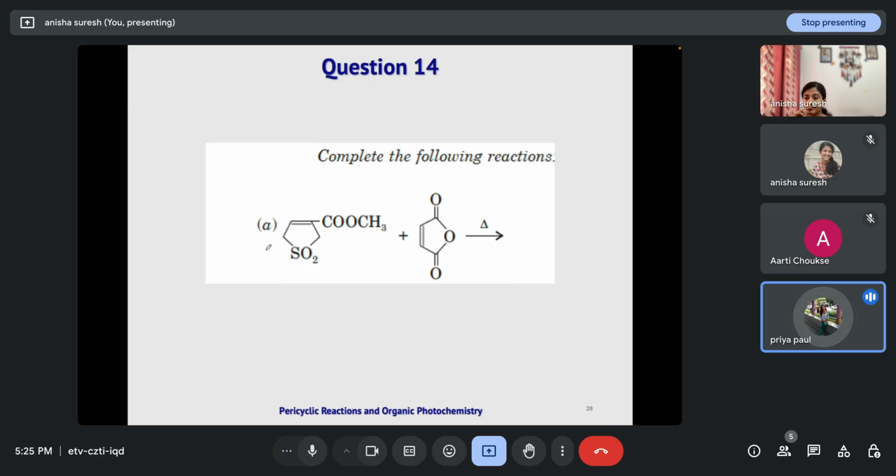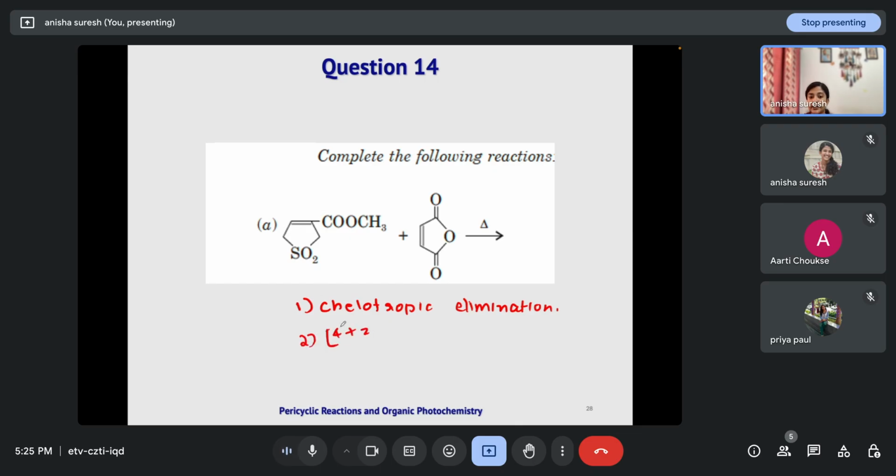First, elimination of SO2, then we will get a diene. The diene will react with the dienophile. So this is undergoing a two-step process. One is a cheletropic elimination resulting in removal of SO2, and second, a 4 plus 2 cycloaddition reaction.